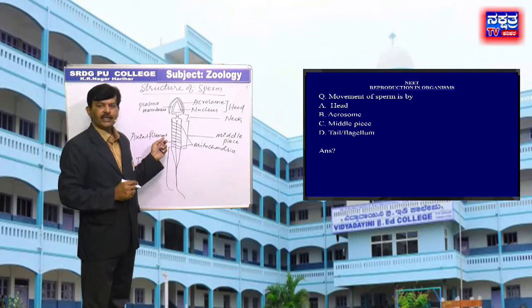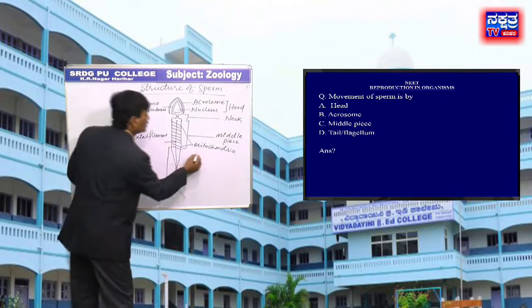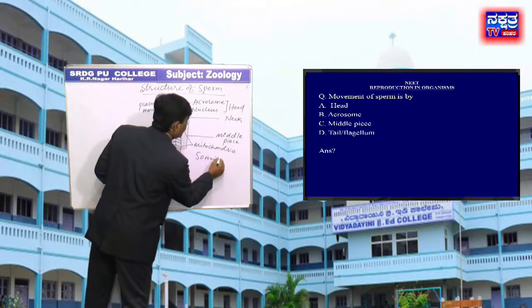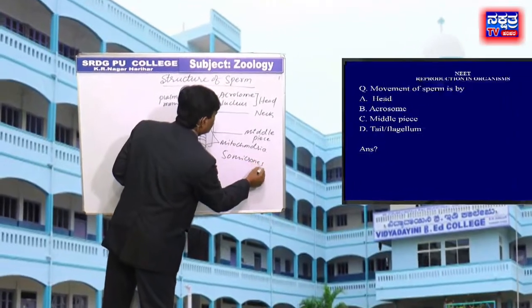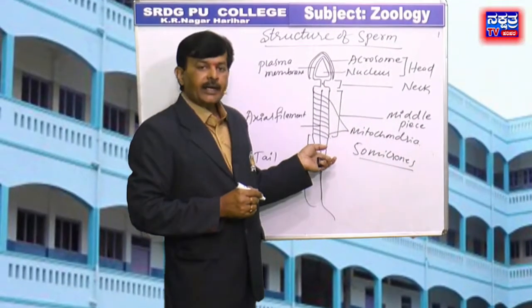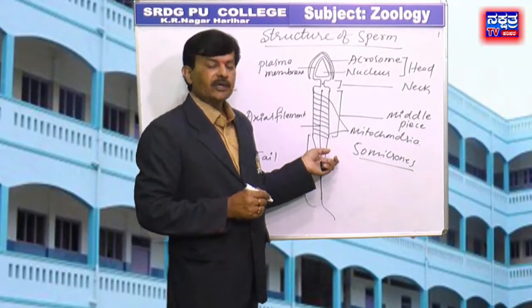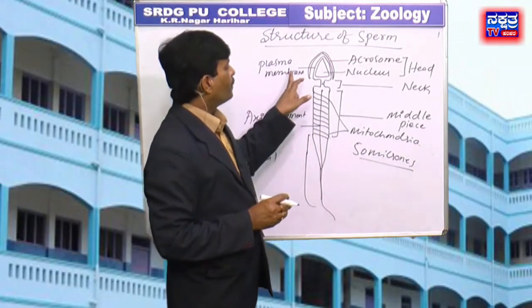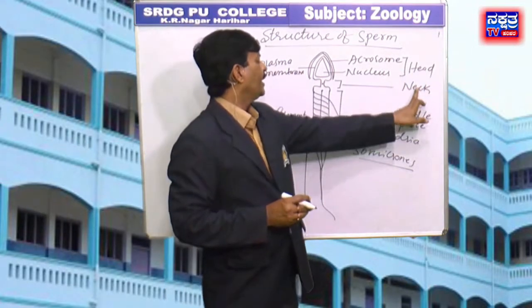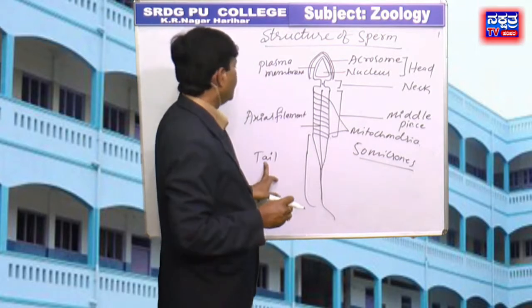Human sperm cell measures about 50 microns. And sperm is composed of mainly the parts like head, neck, middle piece and tail.